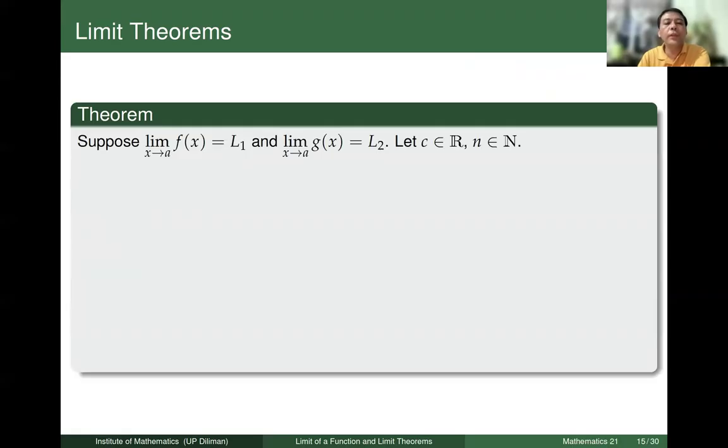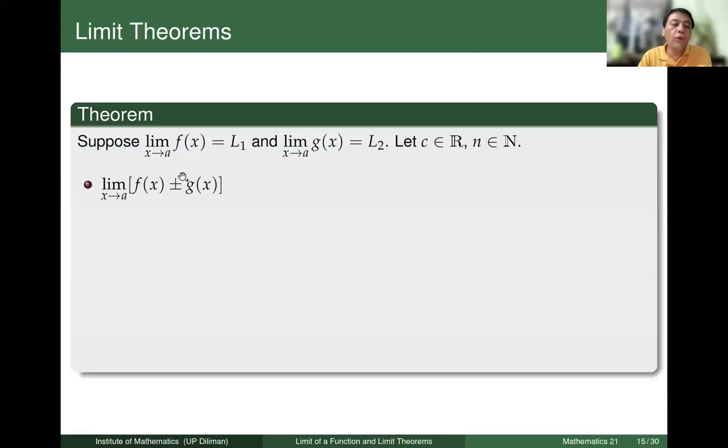Additional theorem. Suppose that we have two functions, f and g. The limit of f is L1 and the limit of g is L2 as x approaches a. Suppose c is a real number and n is a natural number. The natural numbers are 1, 2, 3, 4, 5, 6, 7, 8, 9, 10, the positive integers.